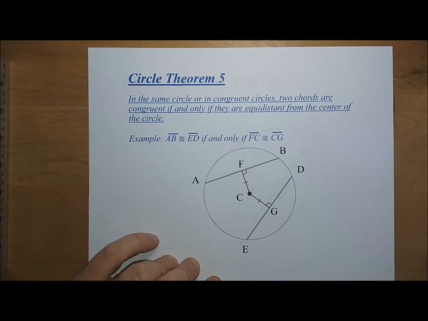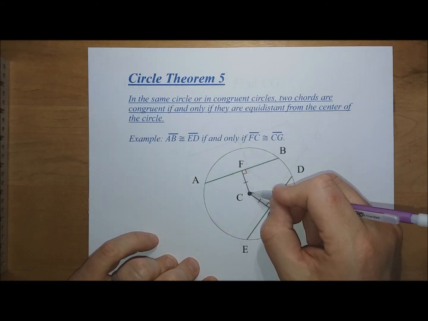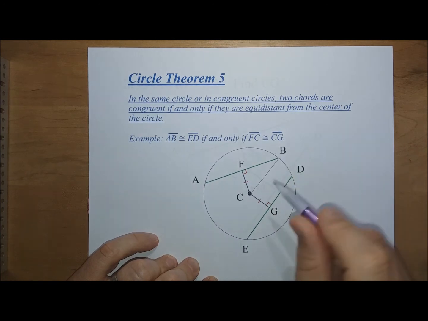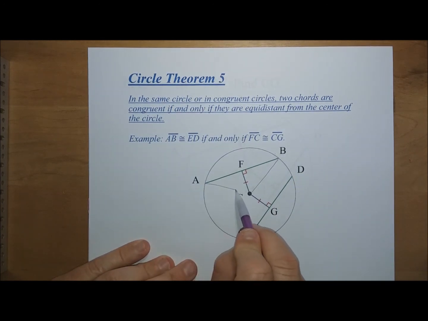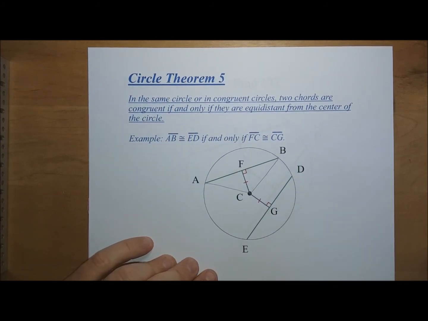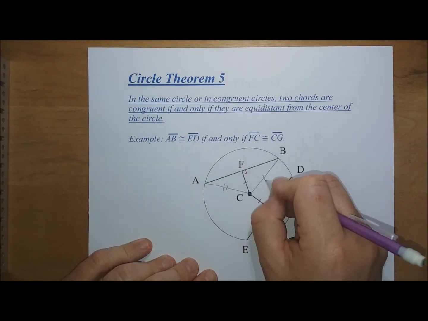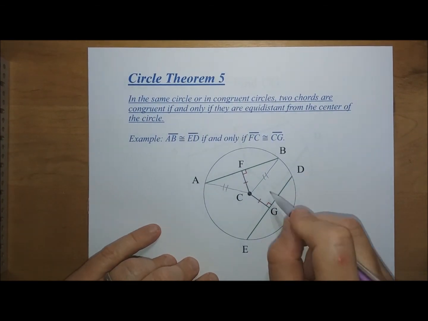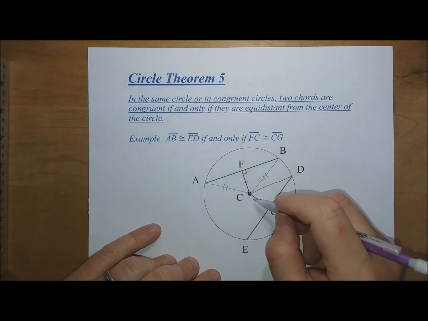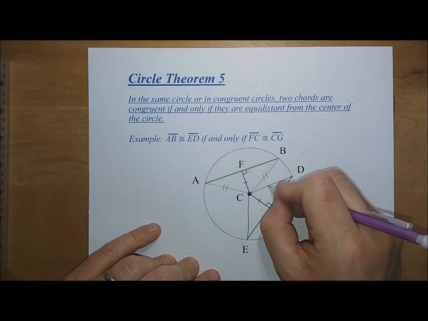How do we know this is true? Well, if you are sensing a theme here, we can draw these radii and we can prove this. Both AC and CB are radii, and therefore they must be congruent. And CD and CE are also radii.